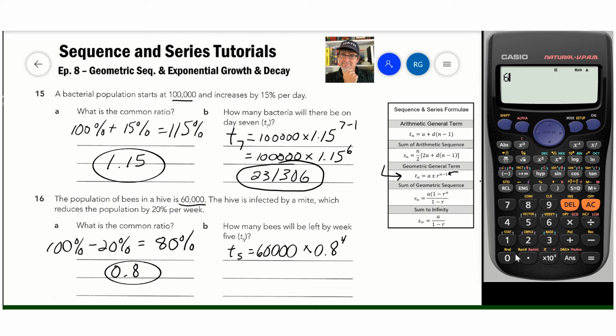So we've got 60,000 times 0.8 to the power of 4. And you can see it went down quite a bit. The bees in the hive are down to 24,576 of them left.